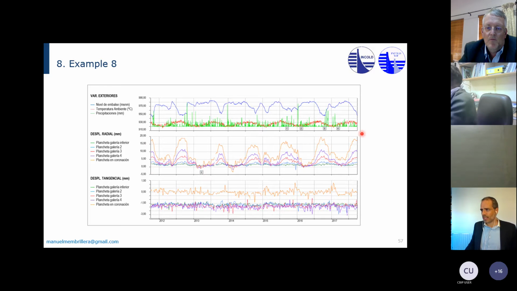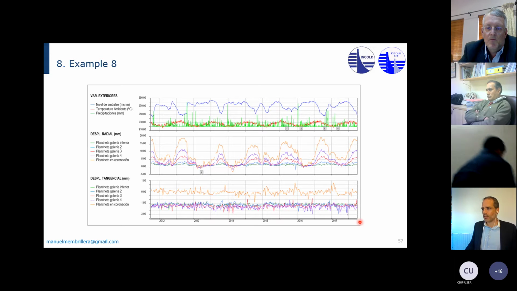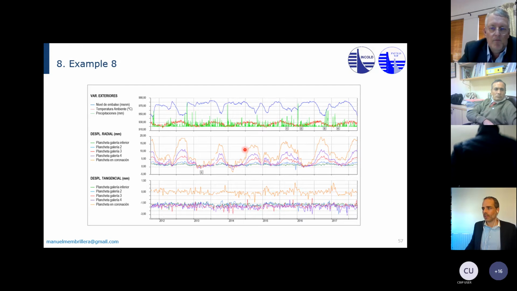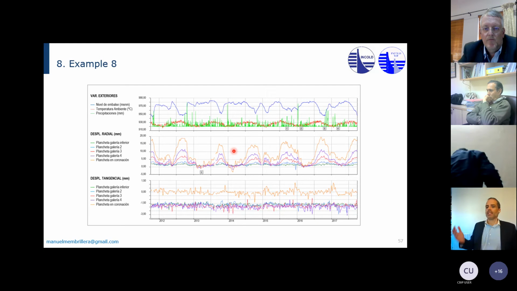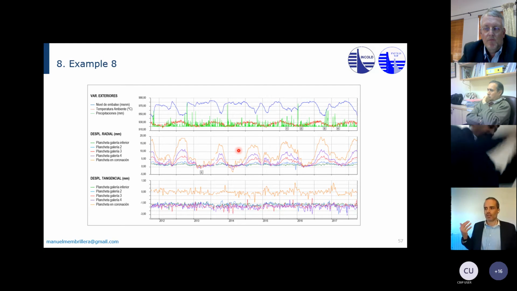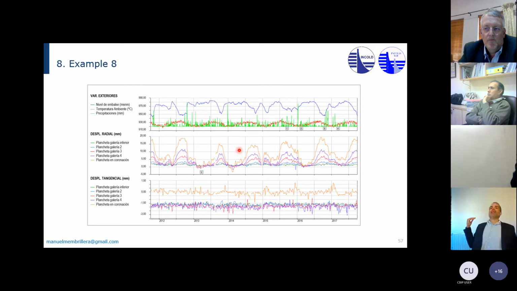You can see this trend. This is the reading plate at the crest, an inverted pendulum. Look at this trend. From 2014 to 2018, it's almost 5 millimeters, and the dam is going upstream. So the dam is really kind of swelling because of these heat waves.